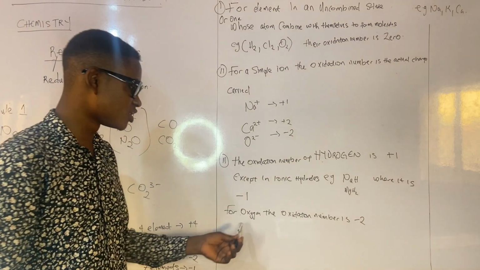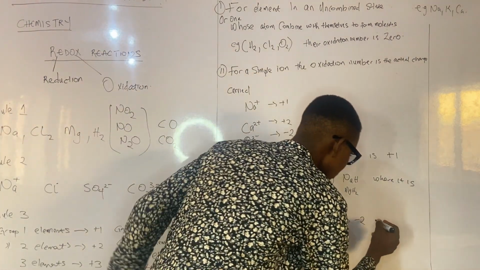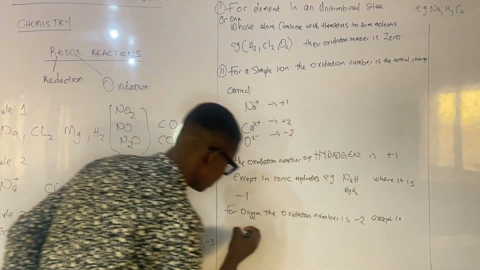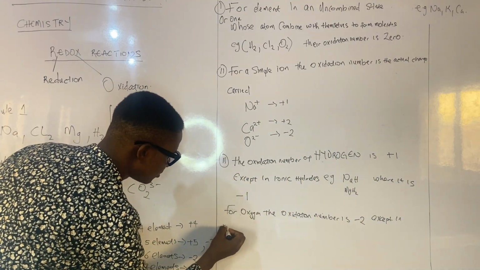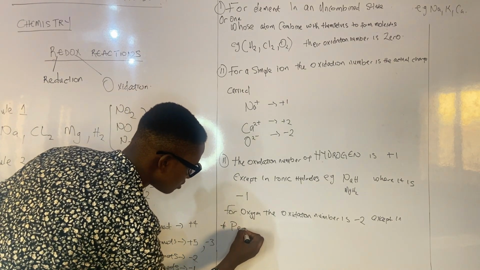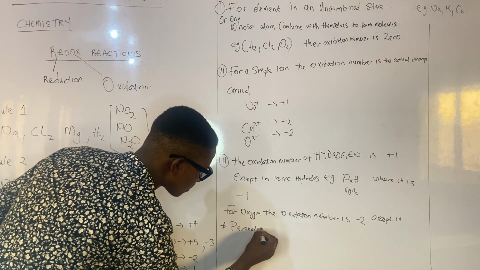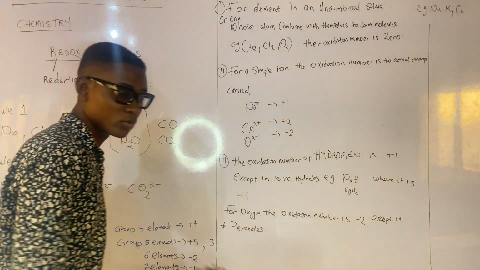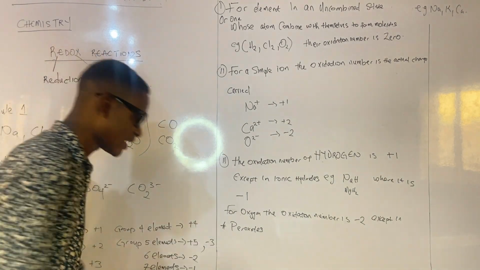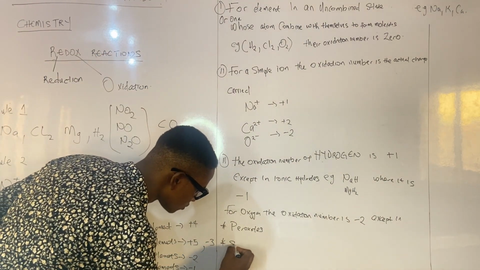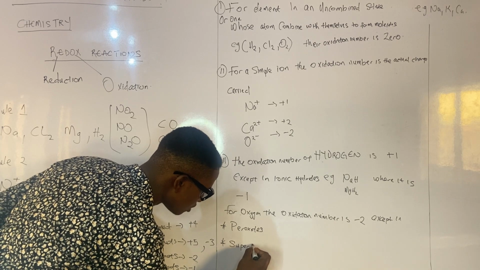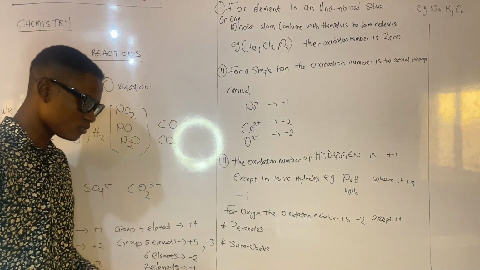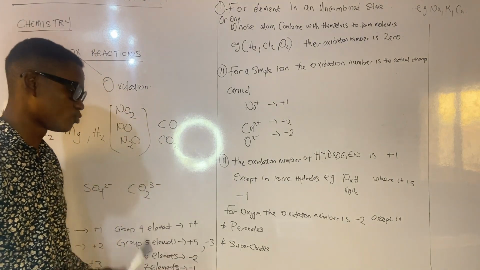So for oxygen, the oxidation number is minus 2, except in peroxides. Peroxides are compounds that have double oxygen. Except in peroxides and superoxides.